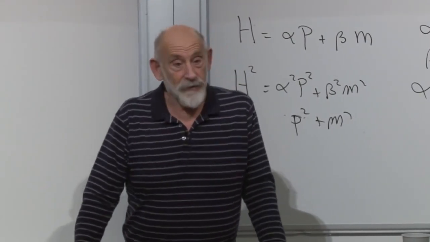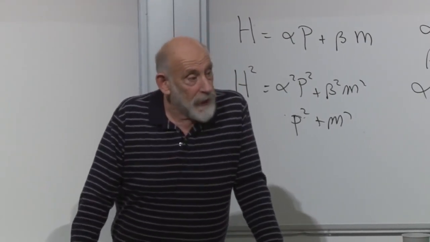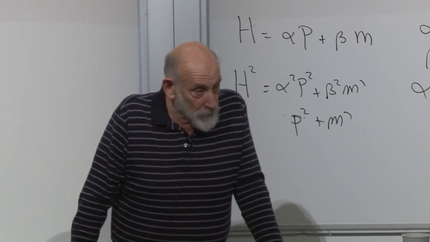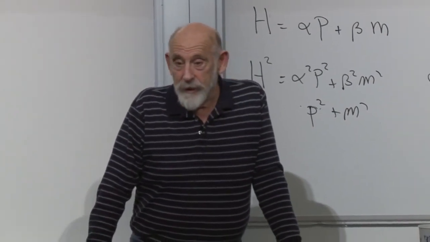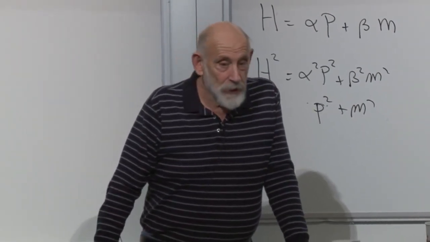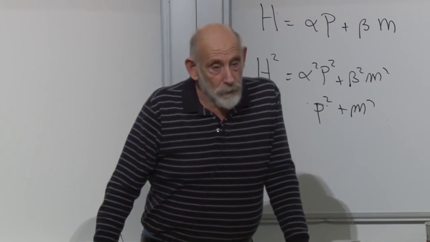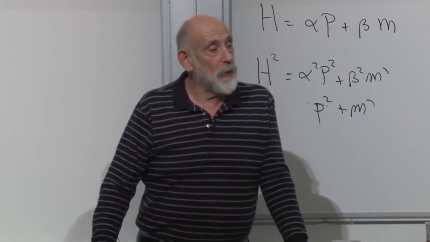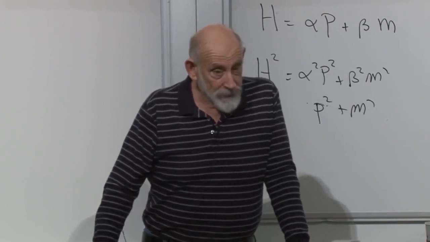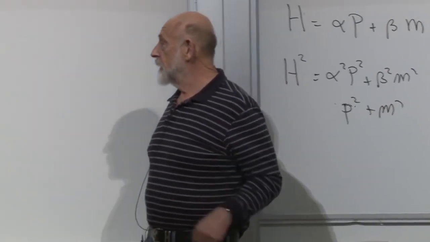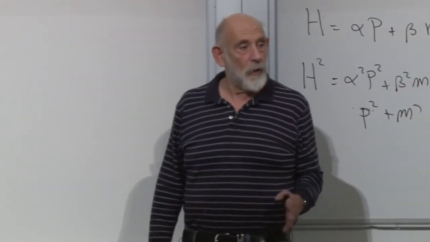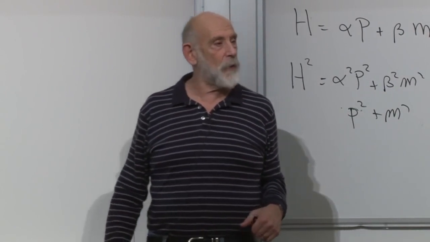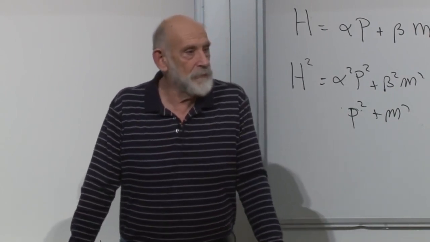That would be great, except that there is no matrix which anti-commutes with all the Pauli matrices. When you start looking at 2 by 2 matrices, you discover that there are 3 mutually anti-commuting ones and no more. So we give up. Or we say, why does it have to be 2 by 2 matrices?